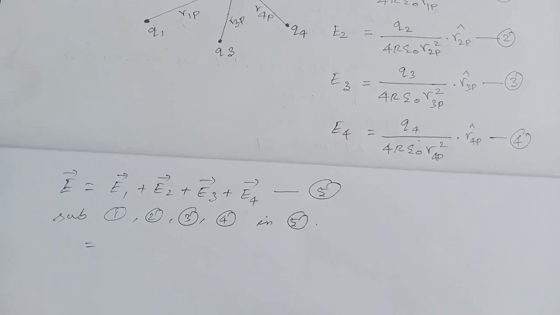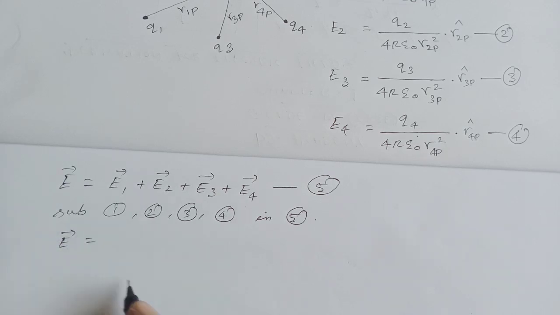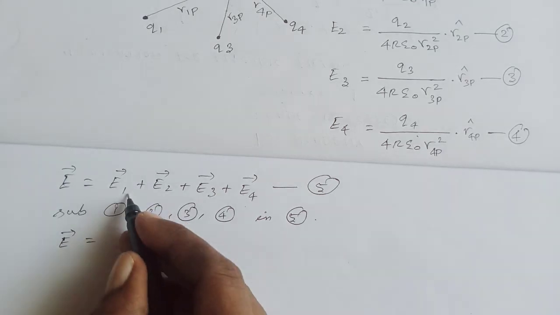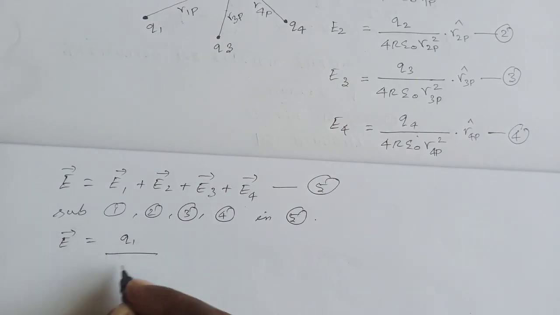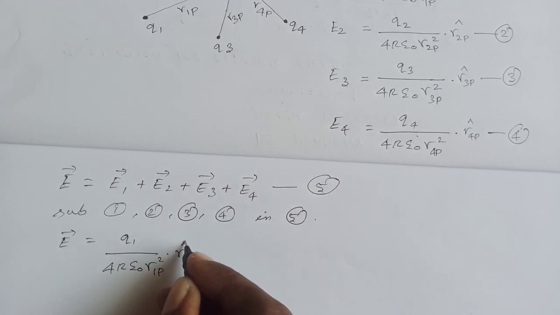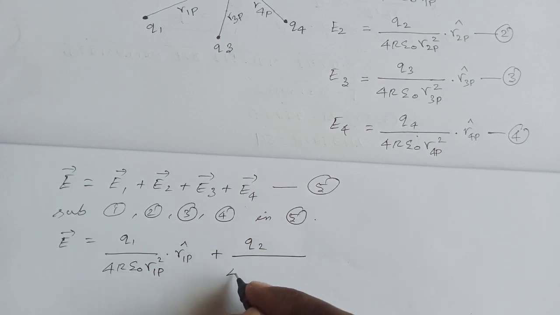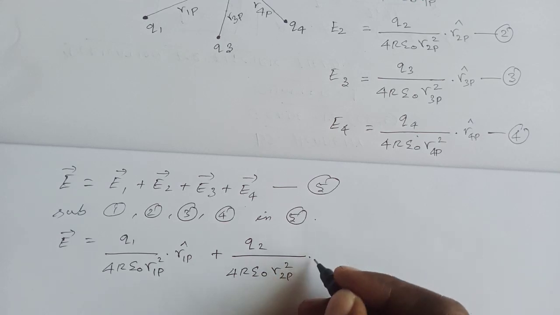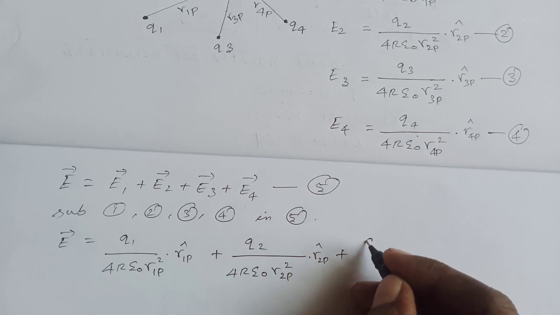So what will be the equation now? Capital E vector, that is the total electric field, is E1. Substitute the equation for E1. What is E1? Q1 by 4 pi epsilon naught R1P square into R1P cap, plus what is E2? Q2 by 4 pi epsilon naught R2P square into R2P cap, plus what is E3?